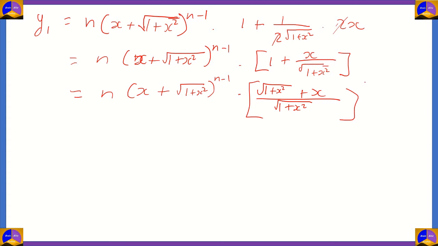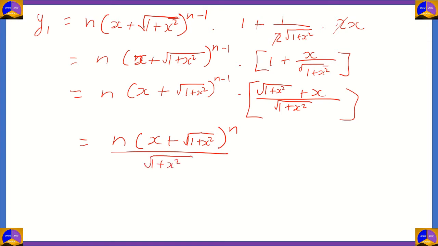When you're multiplying the same quantity with different powers, you just add the powers. So in this case it's n minus 1 plus 1. So therefore you get n times (x plus under root of 1 plus x squared), the whole raised to n, divided by under root of 1 plus x squared. So this is the value of y1.